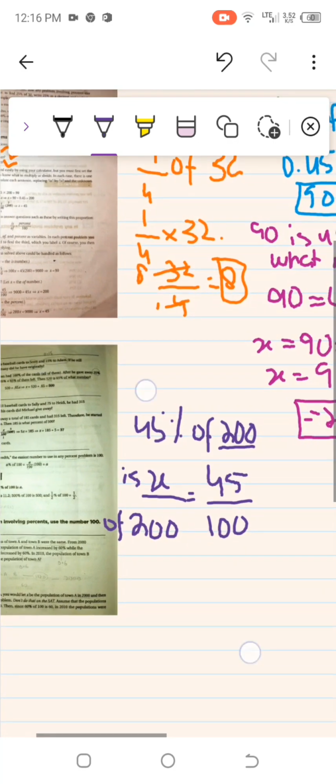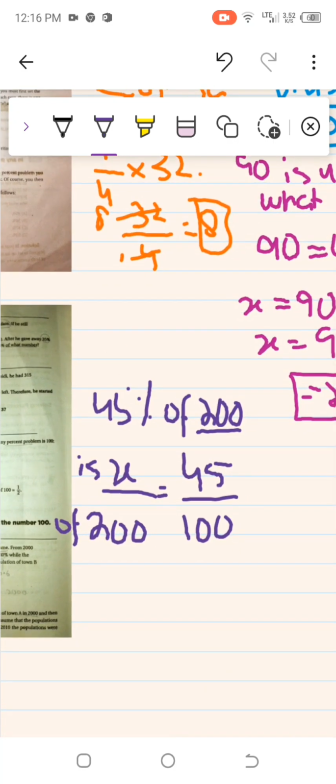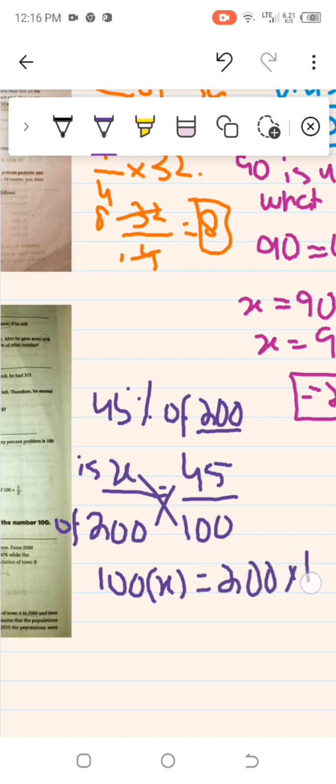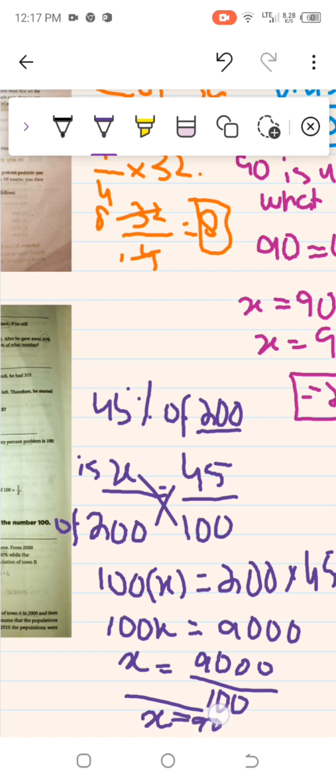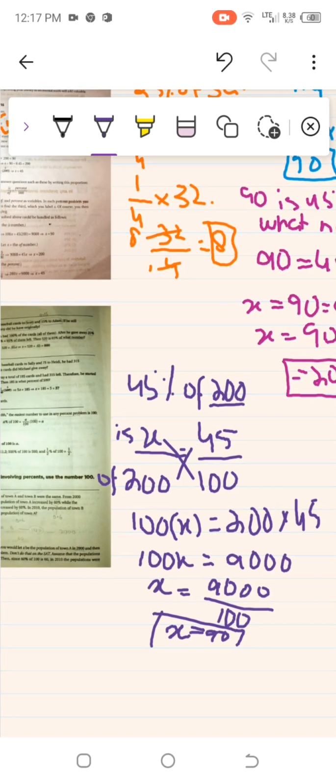If I do the cross multiplication, it will be 100x is equal to 200 multiplied by 45. So 100x is equal to 9000. So x is equal to 9000 divided by 100. You will get your answer, x is equal to 90. Fine. So this is how you can solve by this method too.